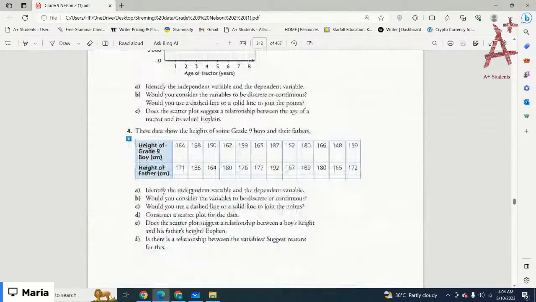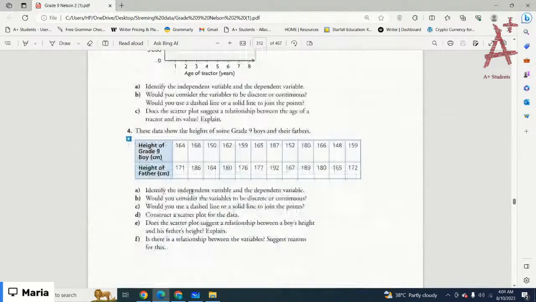You're given the height of the boys and you're given the height of the father. So that means the height of the father would be independent. The height of grade 9 boys is dependent on the height of their fathers.